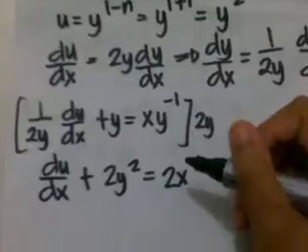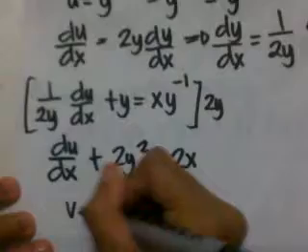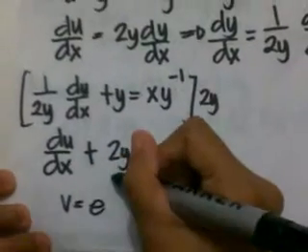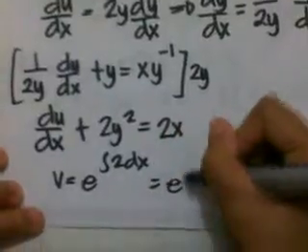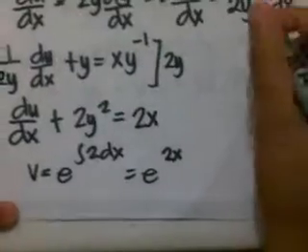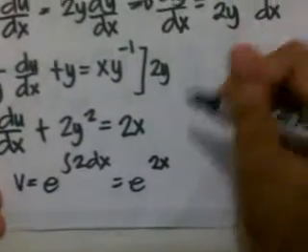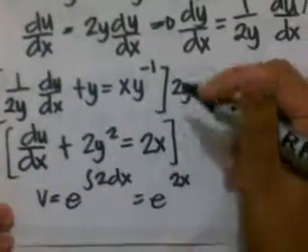And then we may look for the integrating factor, which is e to the integral of 2 dx, and this is e^(2x). So our integrating factor here is e^(2x), and then the integrating factor will be multiplied through the standard form.